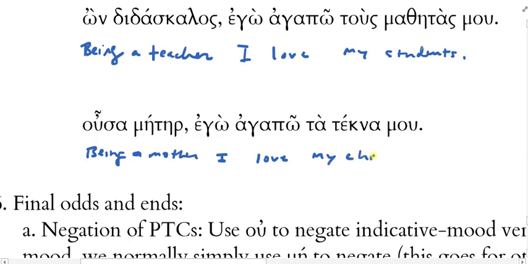My children. Okay, good. Now, can I ask you to look at the difference between on and ousa? What gender is on? That's masculine. What gender is ousa? It's feminine. Those are different genders. Why did I translate "being" the same? Right, it's indicating the gender of something.